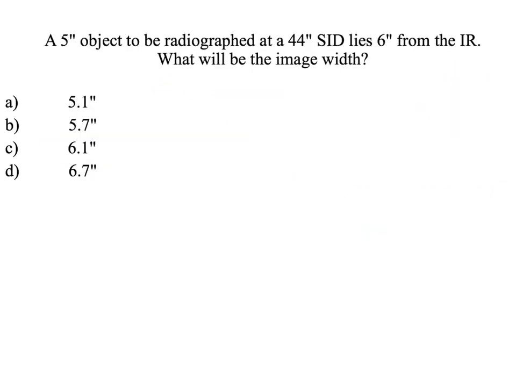All right. A 5-inch object to be radiographed at a 44-inch SID lies 6 inches from the image receptor. What will be the image width? So it's asking us to figure out magnification. If we look at our book, the chart gives us some different ways to calculate magnification.